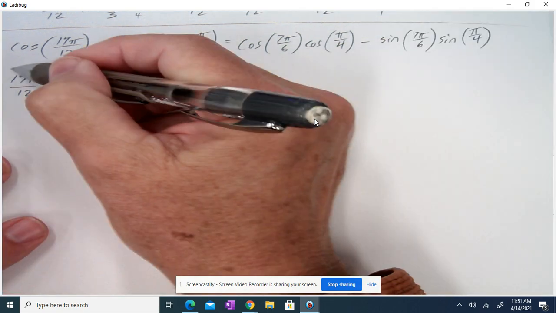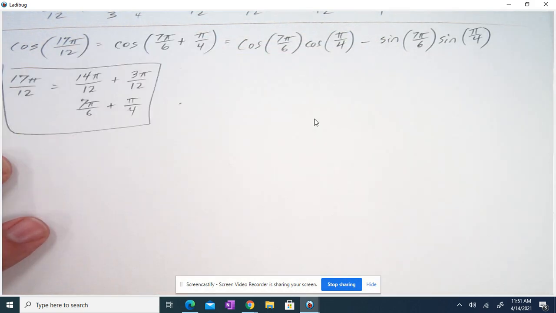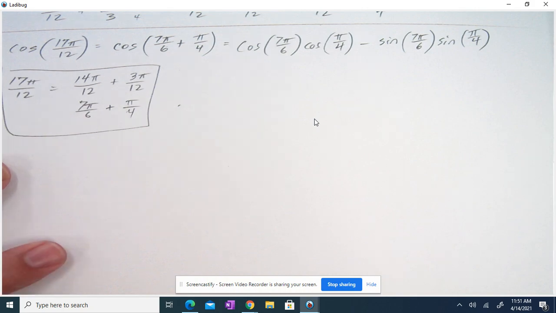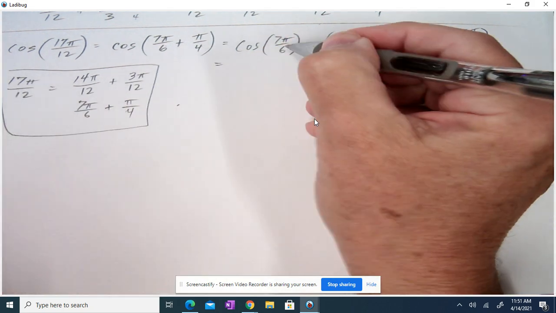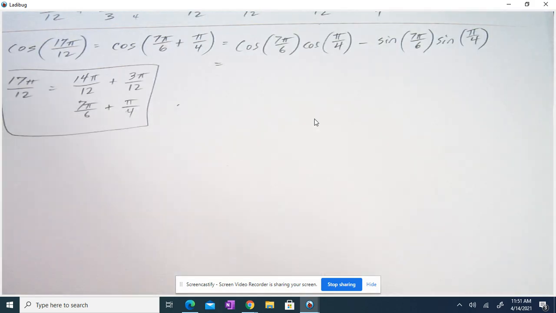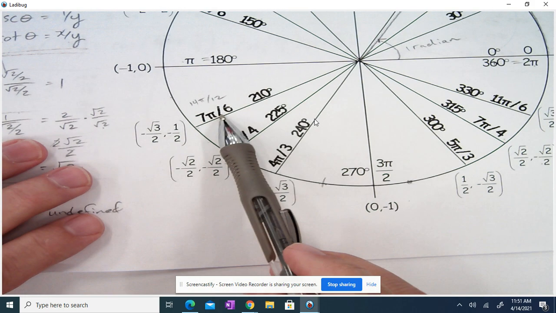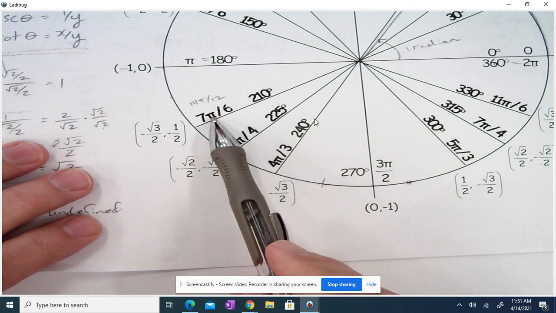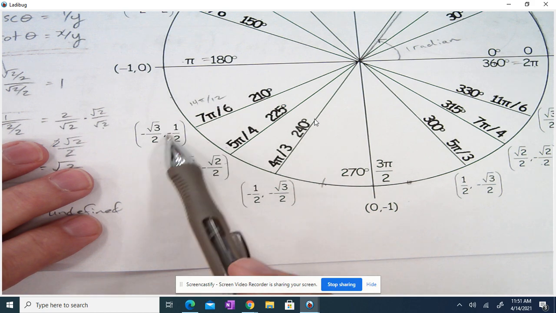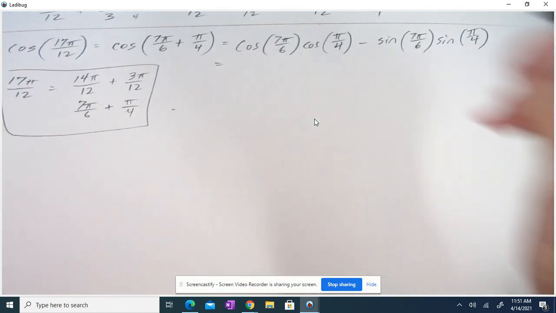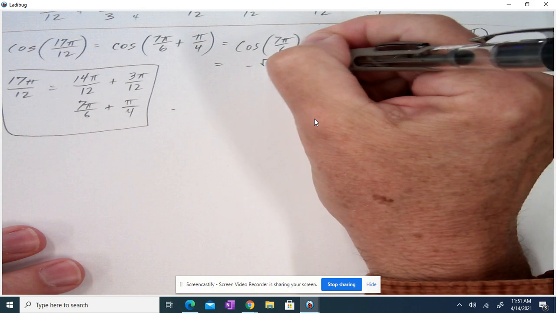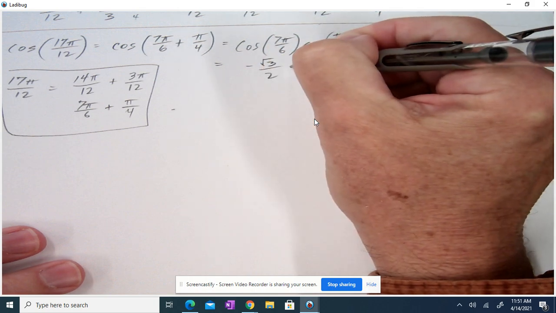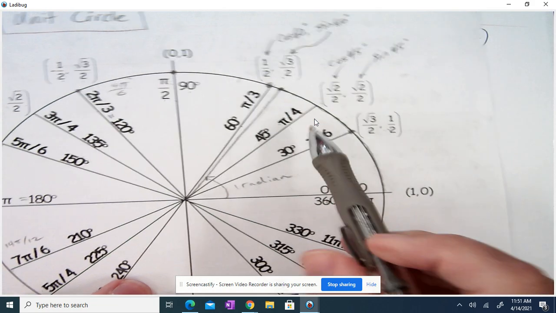All right, this is just a little side thing here. So let's figure out what is the cosine of 7 pi over 6. Looking at my unit circle sheet, the cosine of 7 pi over 6 is negative square root of 3 over 2, times cosine of pi over 4.